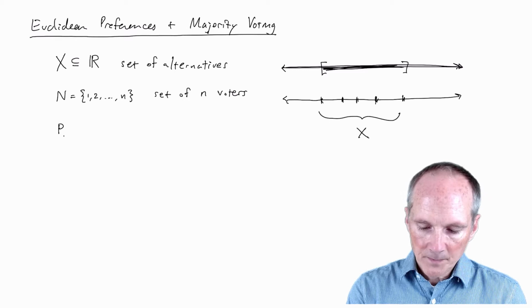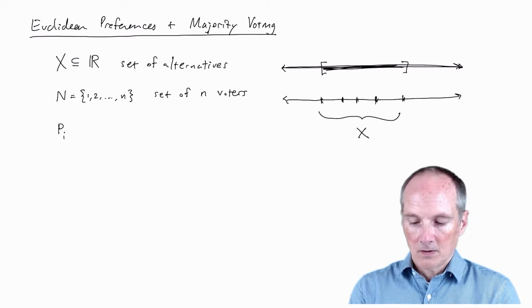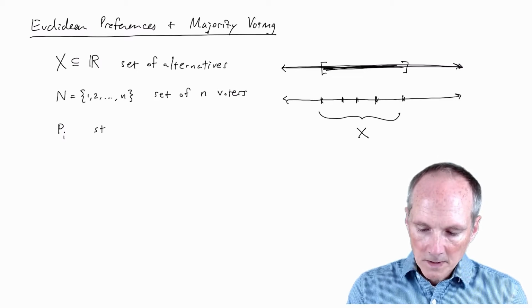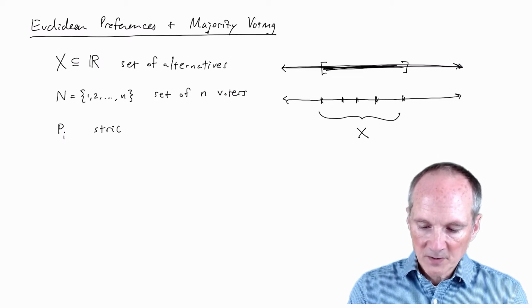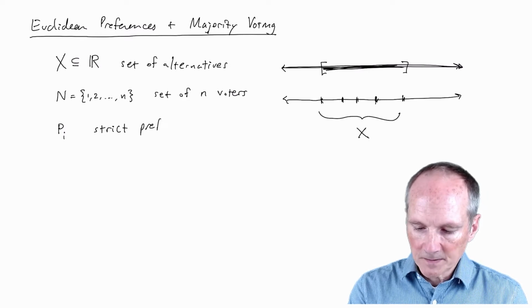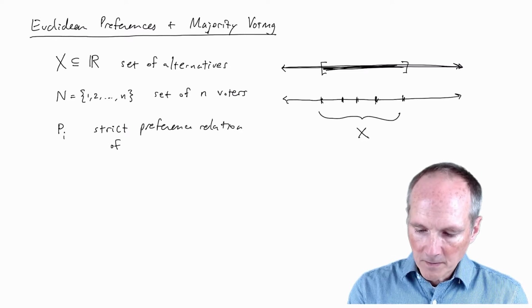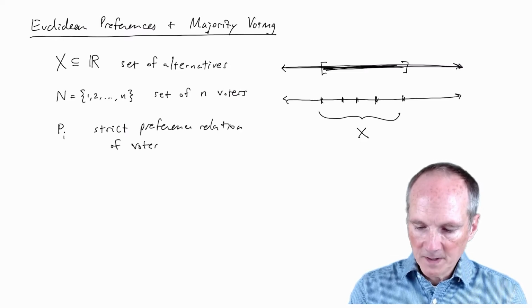So these can vary across voters, so I have to use a subscript i here, and this P subscript i will be the strict preference relation of voter i, where i ranges from 1 to n.